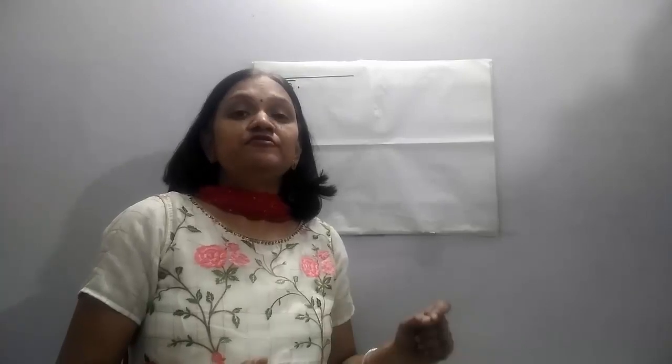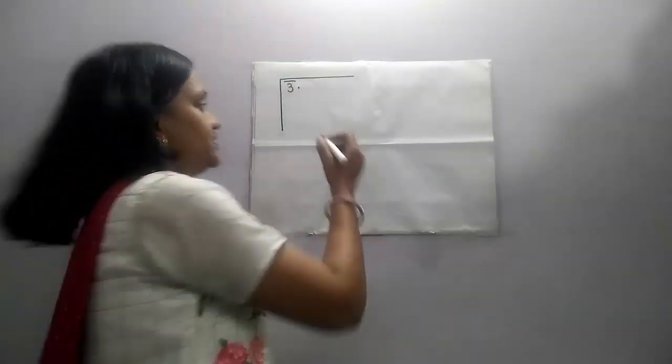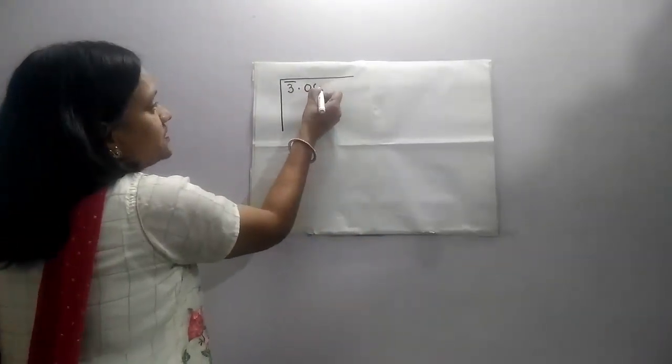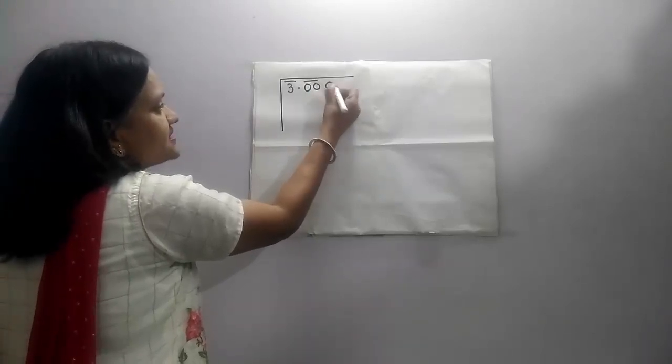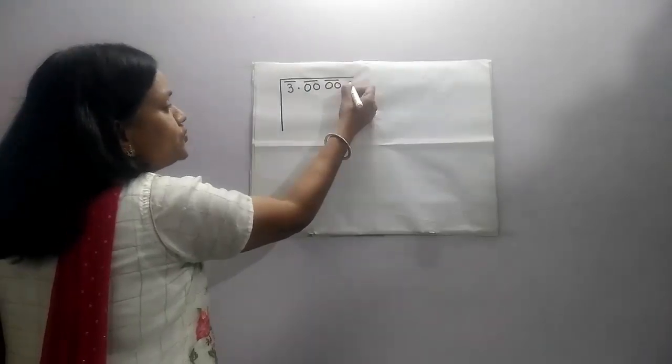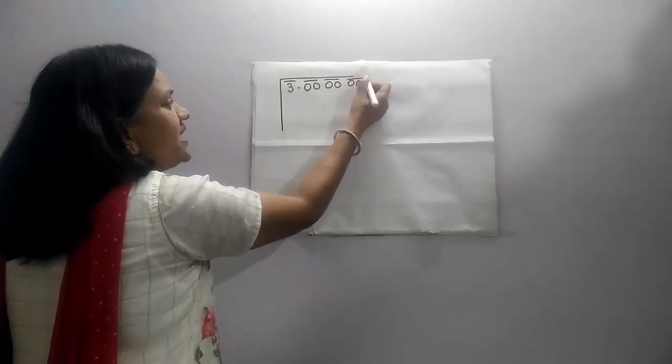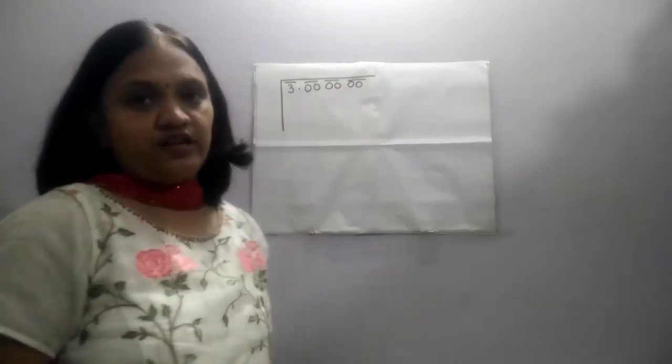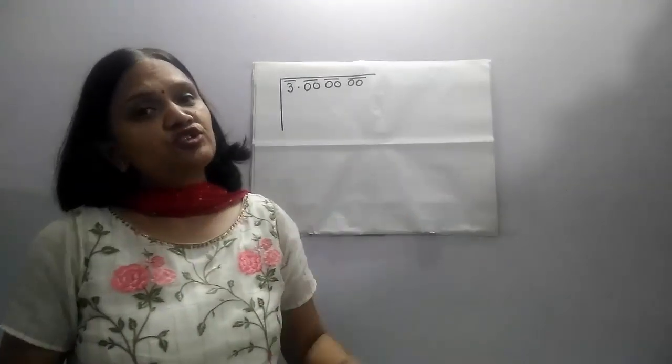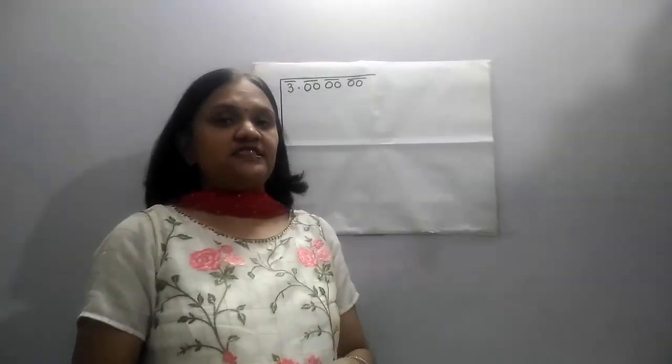We want to find our answer correct to 2 places of decimal. So after the decimal, we need first 3 pairs of zeros. Mind you, for finding our answer correct to 2 places of decimal, we are taking 3 pairs of zeros. We'll find this answer and then round it off to 2 places of decimal.